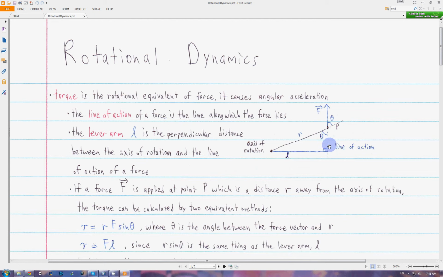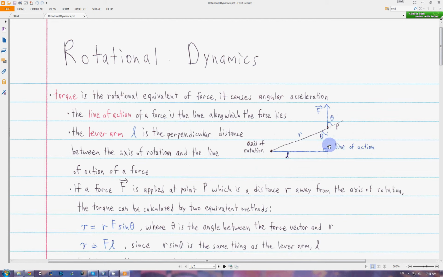We can also say that torque is equal to F times L, where L is the lever arm. And these are the same because, as you can see here, r times sine of theta is the same thing as the lever arm.